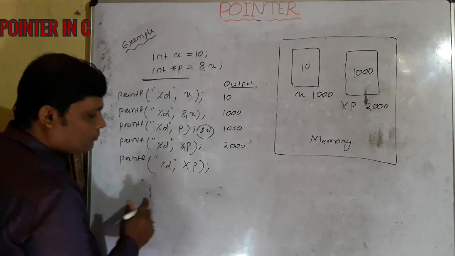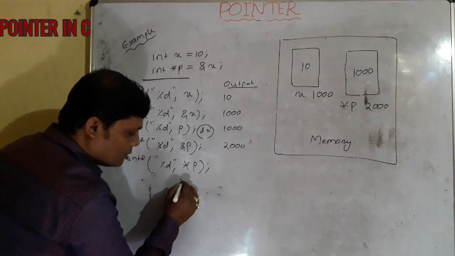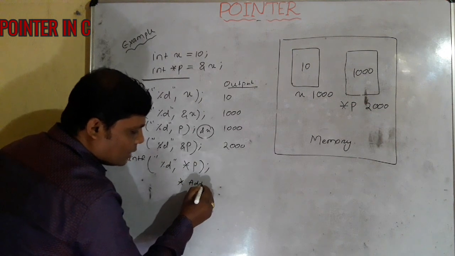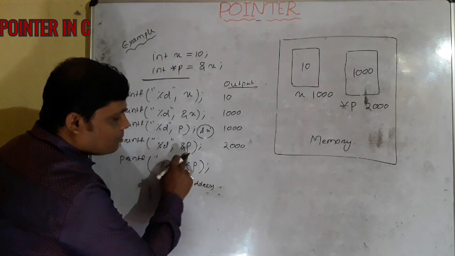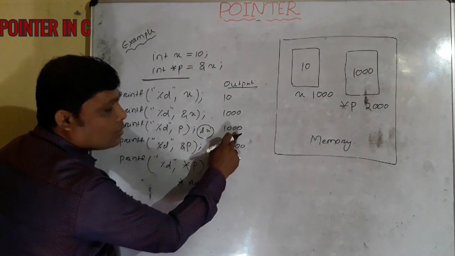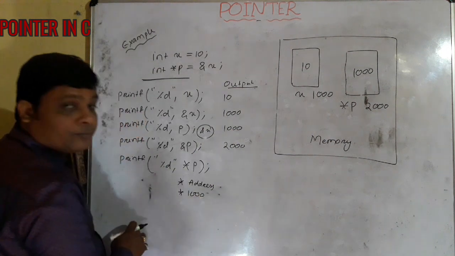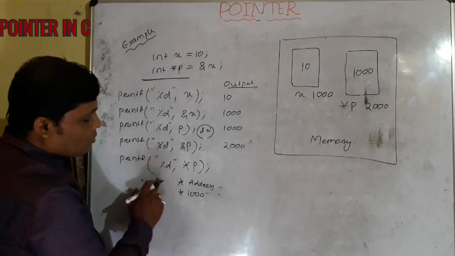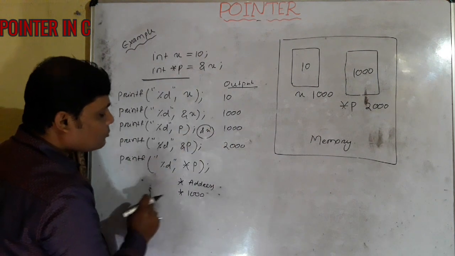How? Just see. After star there will be one address. Star p. I have displayed the value of p is what? 1000. So this is nothing but *1000. Only p means 1000, that is the address of x.